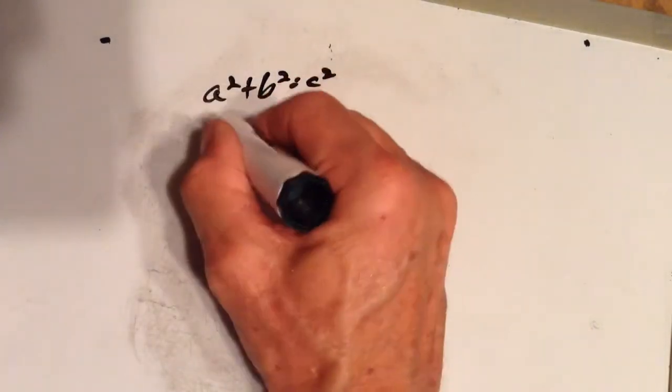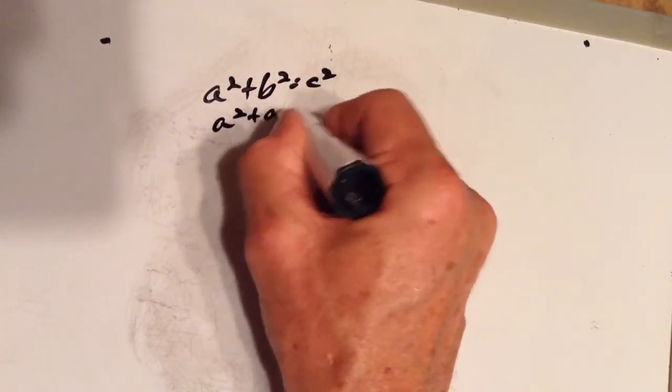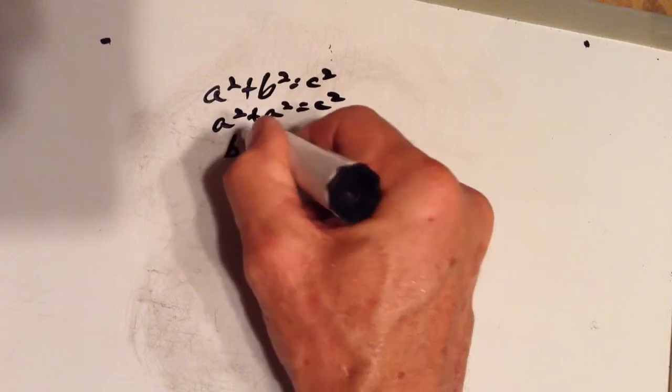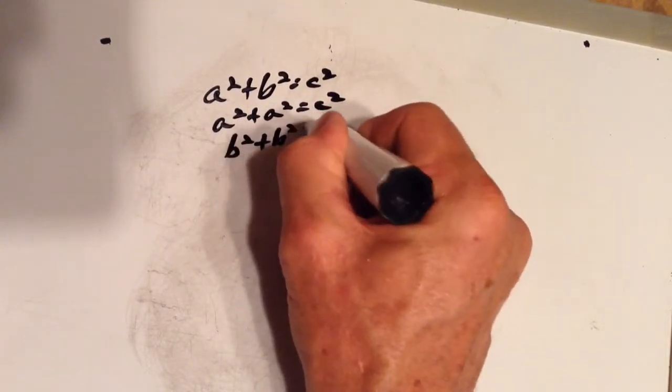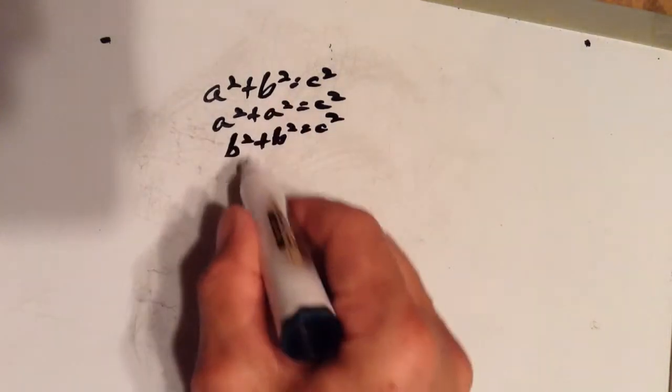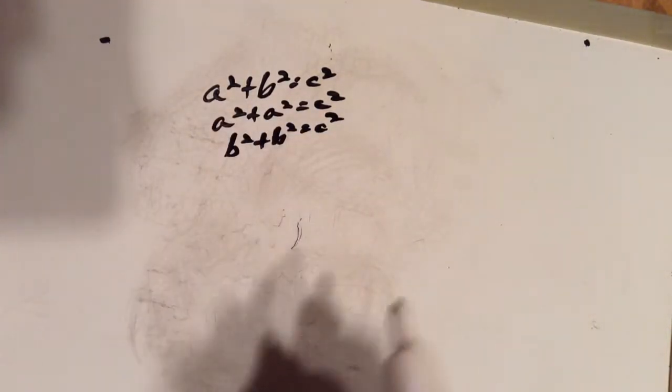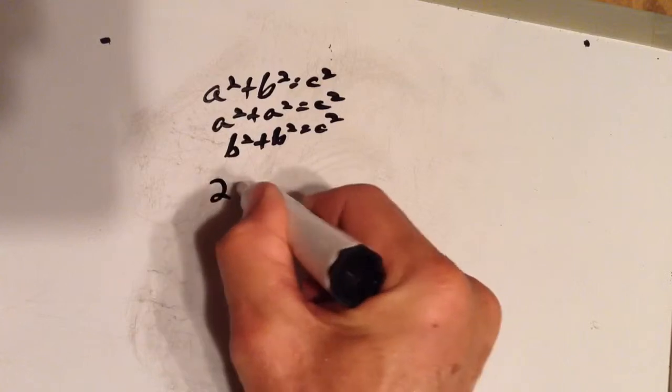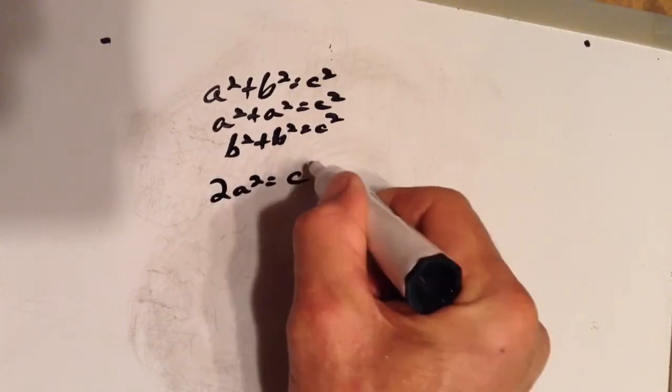So we could just say A squared plus A squared equals C squared if we're talking about a 45-degree right triangle. Or we could say B squared plus B squared equals C squared. So if A squared plus A squared equals C squared, that means 2A squared equals C squared.